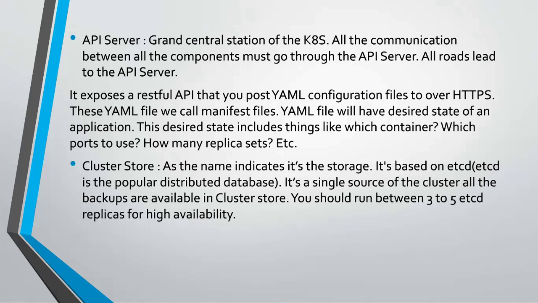What is etcd? It's a popular distributed database. It's a single source of truth for the cluster. All the backups are available in the cluster store. You should run between 3 to 5 etcd replicas for high availability. So in the cluster store we will also run many replicas of etcd, just for backup purposes.